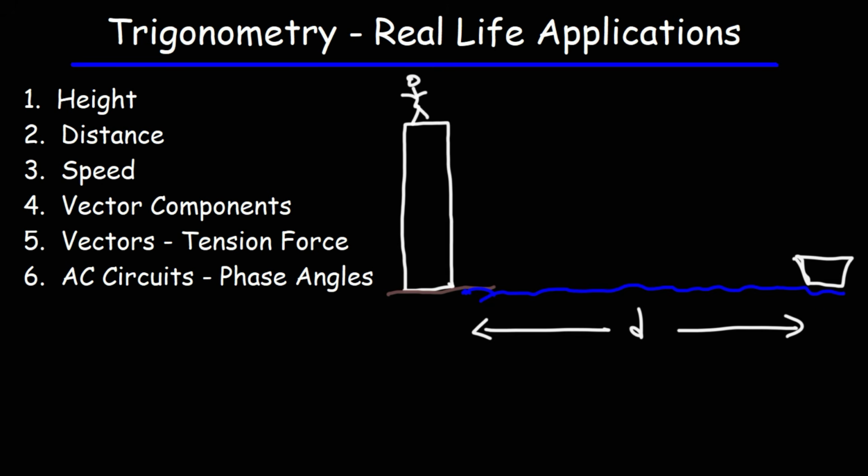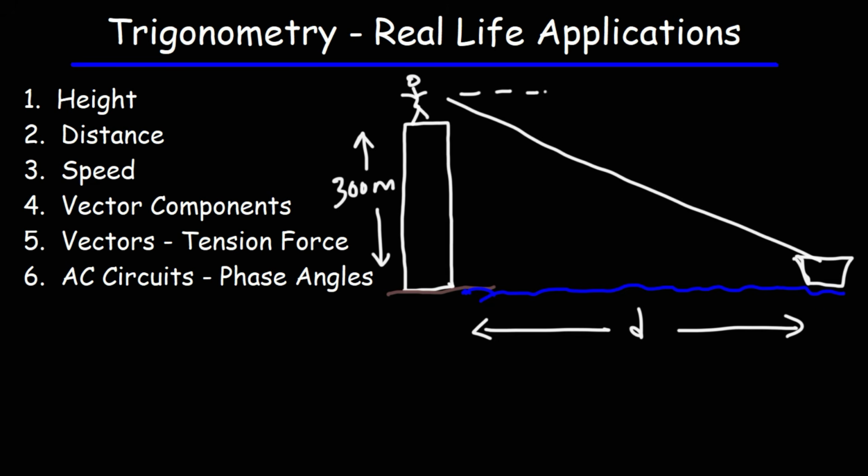Now you already know the height of the lighthouse. Let's say it's 300 meters. That's how tall it is. And you measure the angle of depression to be 30 degrees.